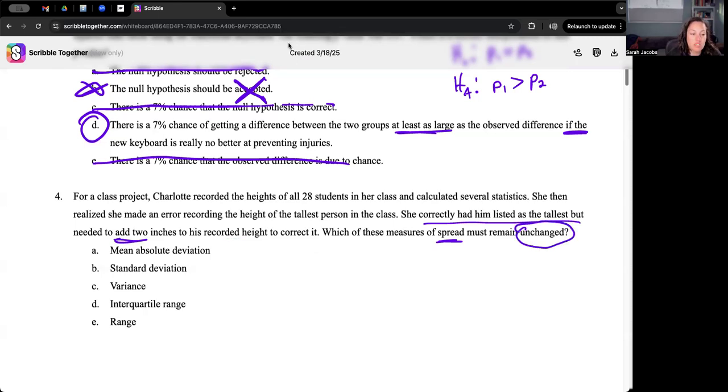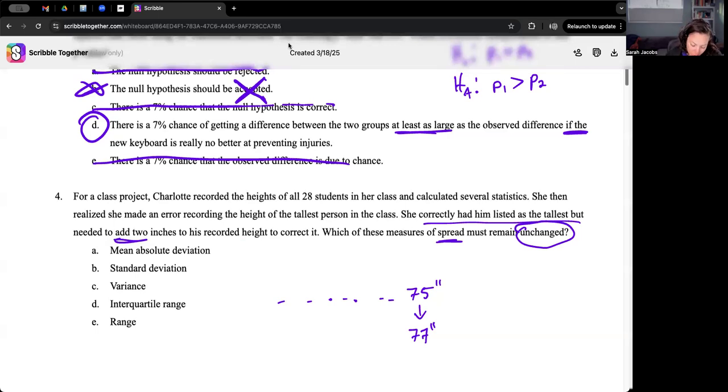So which is going to be unchanged? So basically, we have all this data, and then we have Mr. Tall Person. Let's say he's like 75 inches. And now in our new data set, he's actually 77 inches tall. That's pretty tall. Okay, so which of these must remain unchanged?